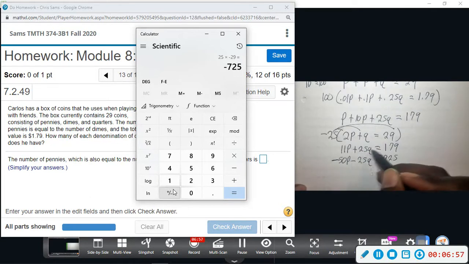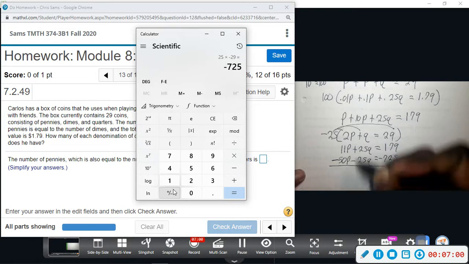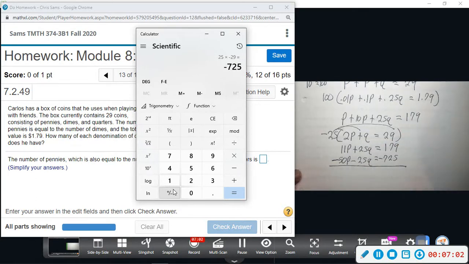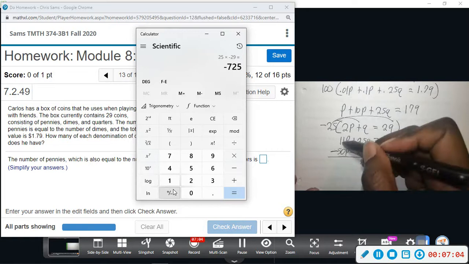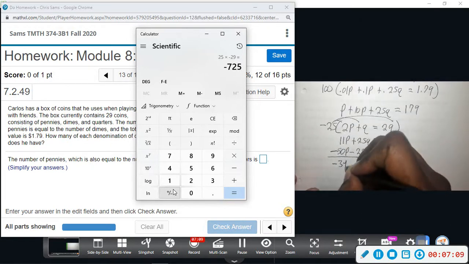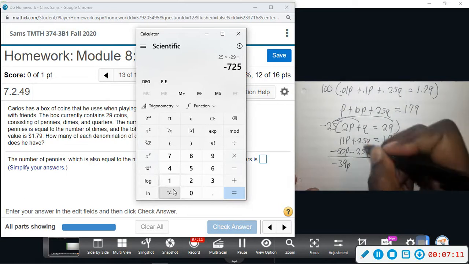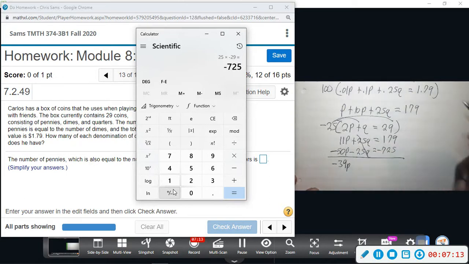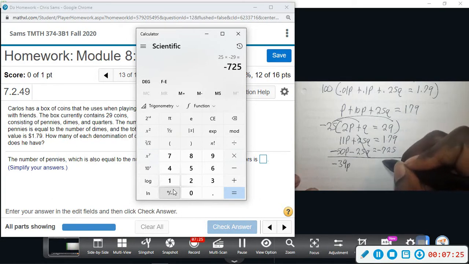Alright, once you have them set up like this, we're going to add these two equations together. You might be saying subtract because they're opposite signs. When we do this, we get negative 39P. The Q gets eliminated. And then combining this, it's going to be a negative.